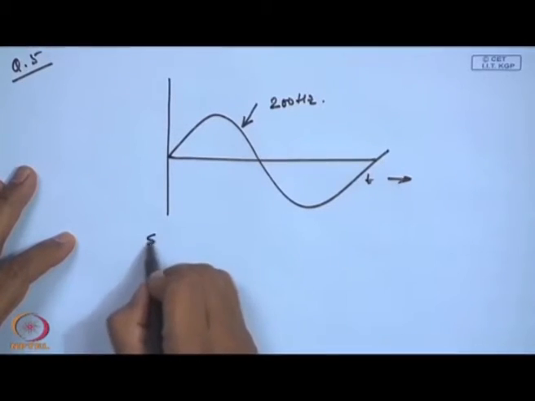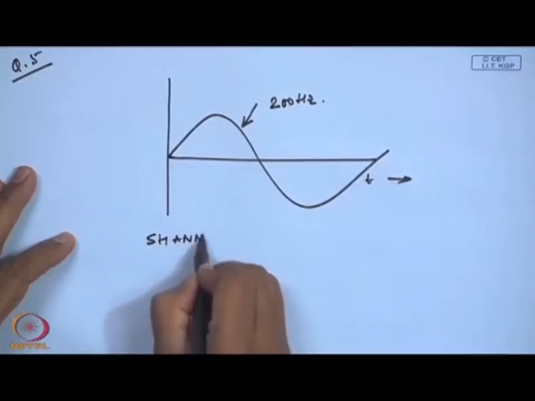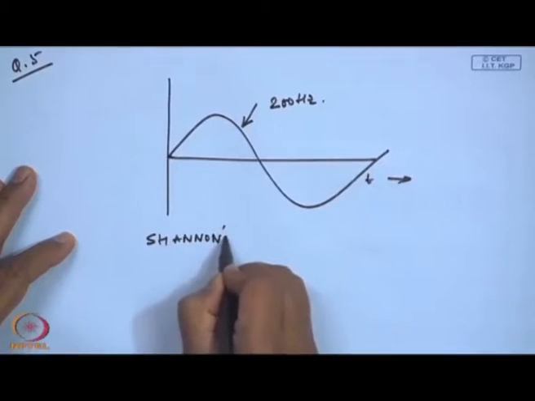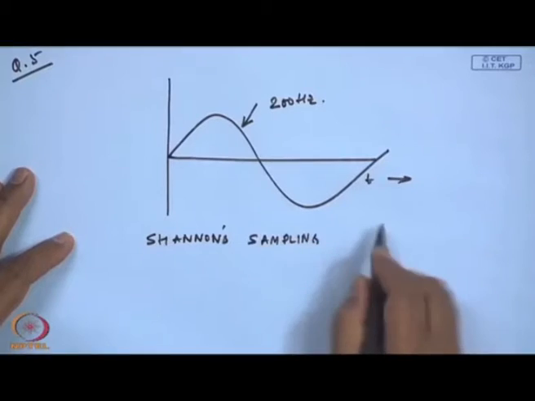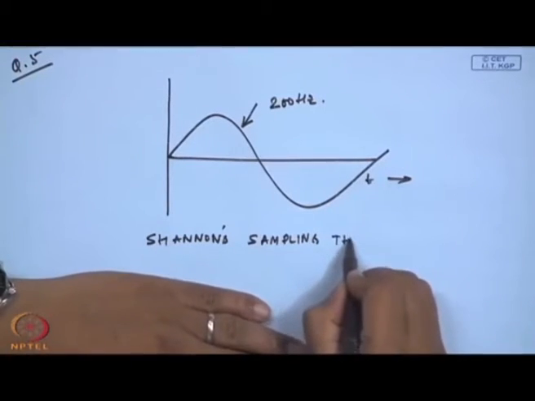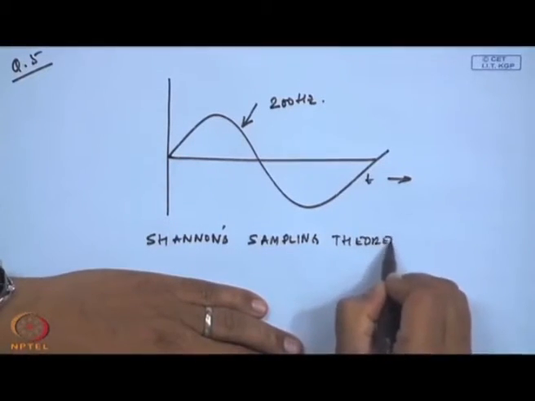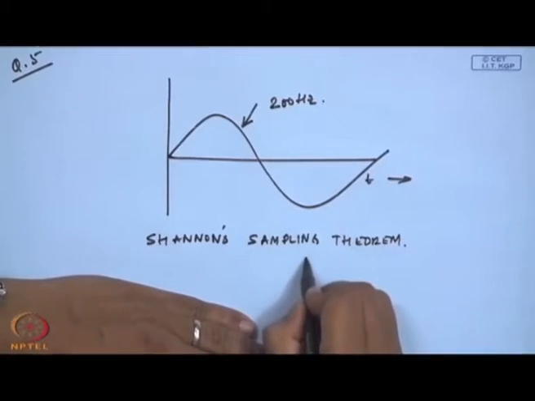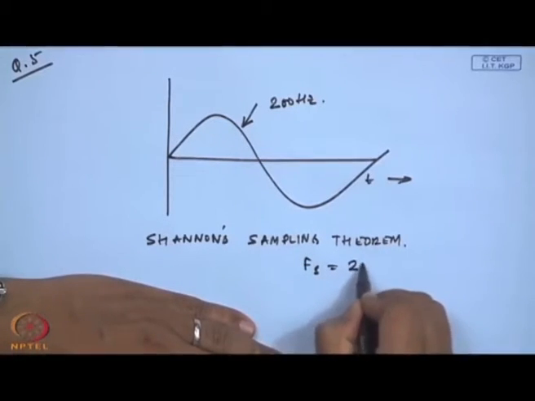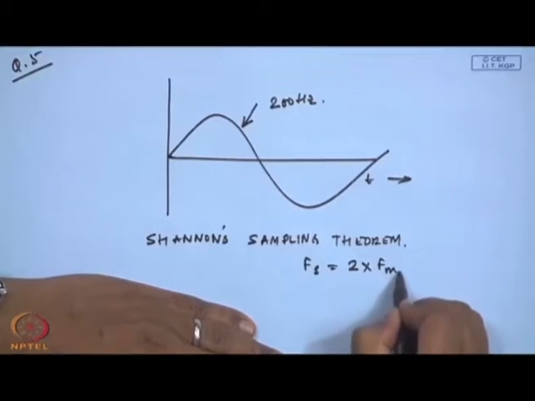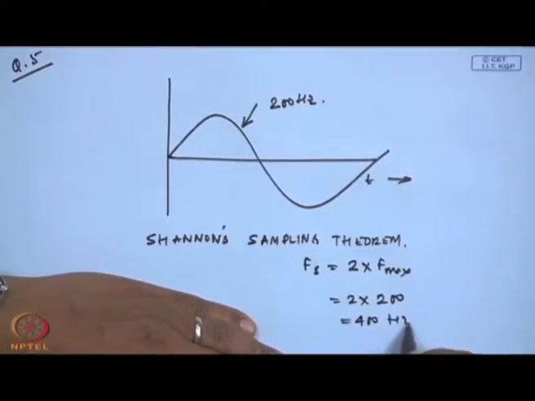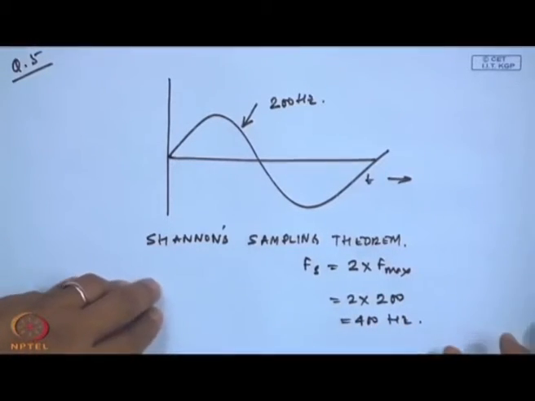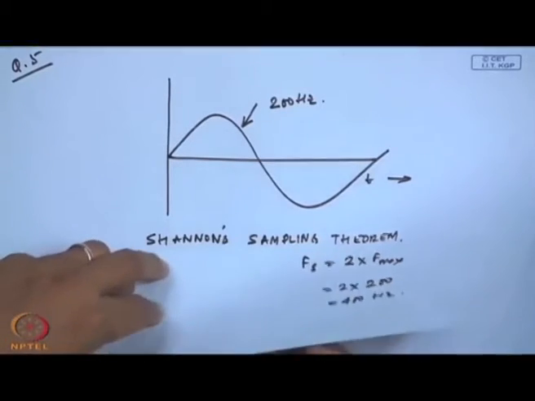So, by Shannon's sampling theorem, without worrying about oversampling and all that, my sampling frequency f s should be equal to at least twice of f max. So, in this case, 400 hertz is my sampling frequency. That is something I have to keep in mind.